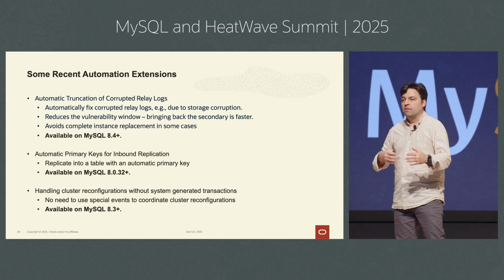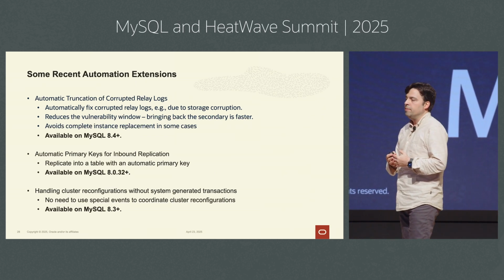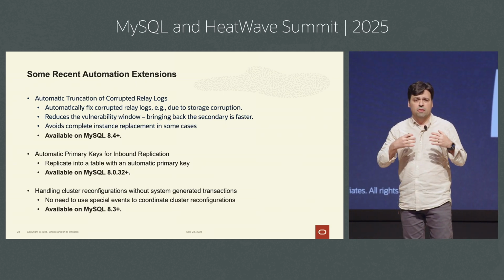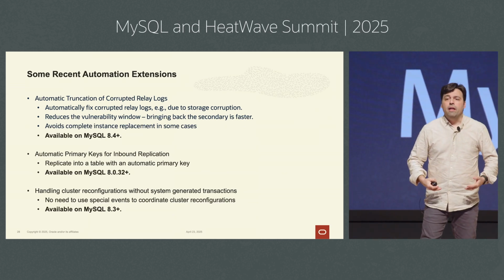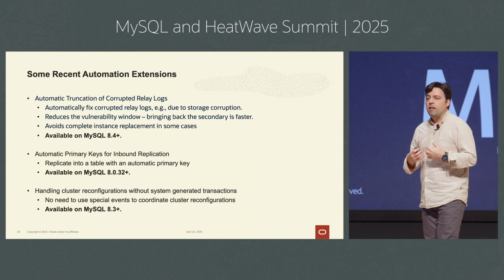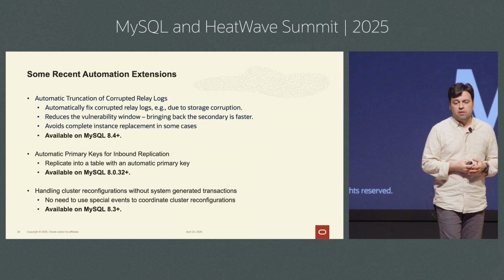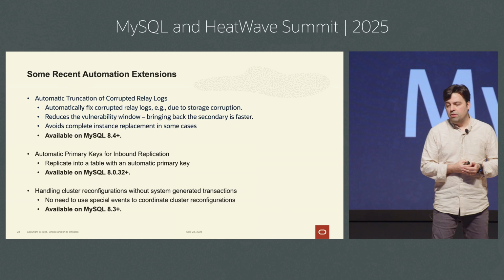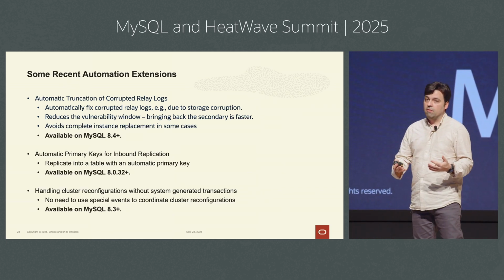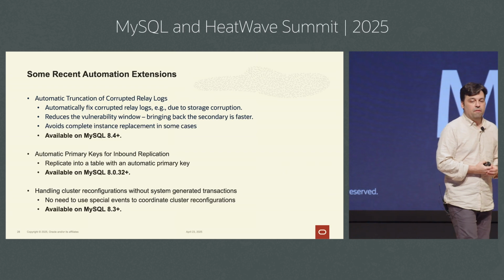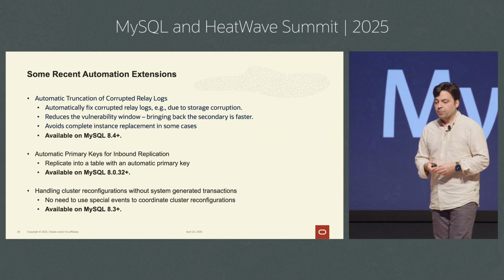So things like the server automatically recovering relay logs when the server crashes or storage is corrupted and the server restarts, it is able to go in, fix the relay logs, and resume replication from where it was, which is pretty good because it doesn't need a human to go in and fix it or just remove the relay logs, right?